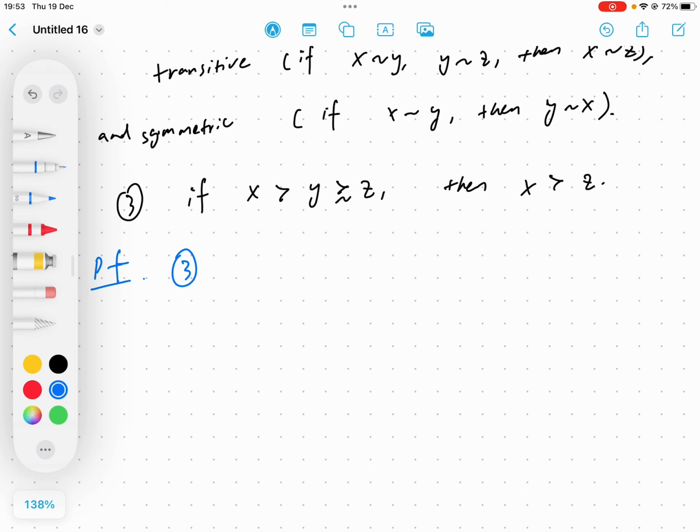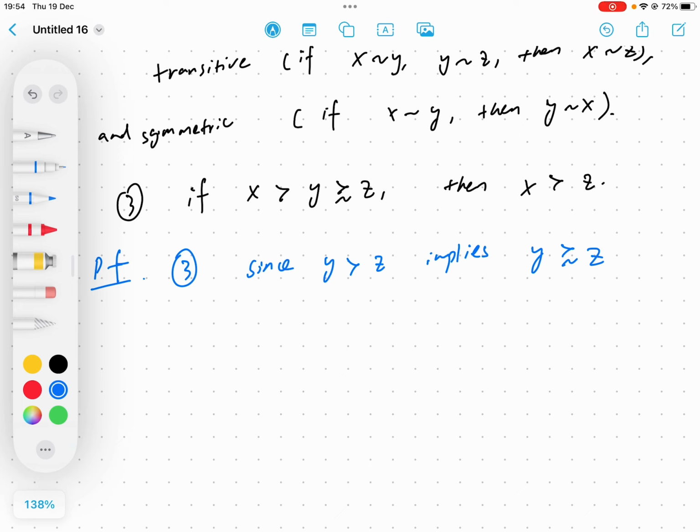If y is strictly preferred to z, then it must be that y is weakly preferred to z, because weakly preferred is simply strictly preferred or indifferent.